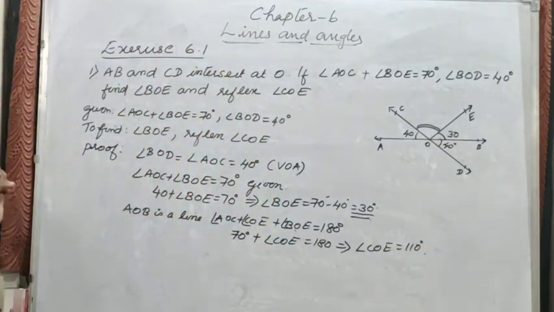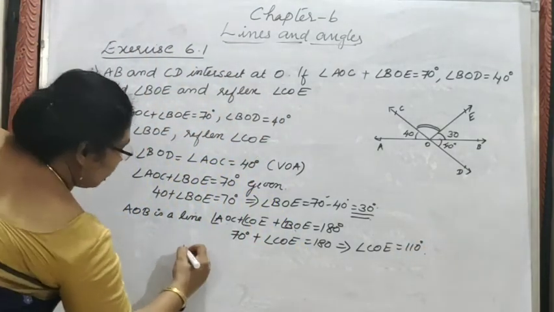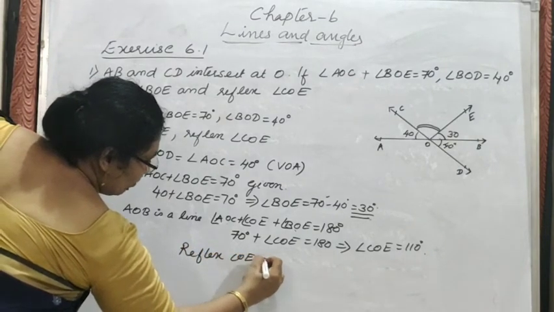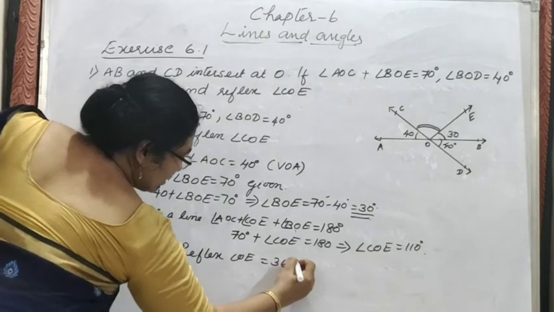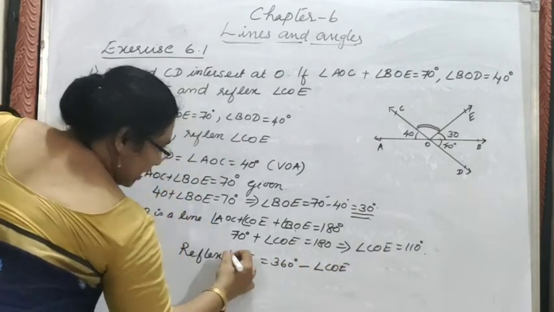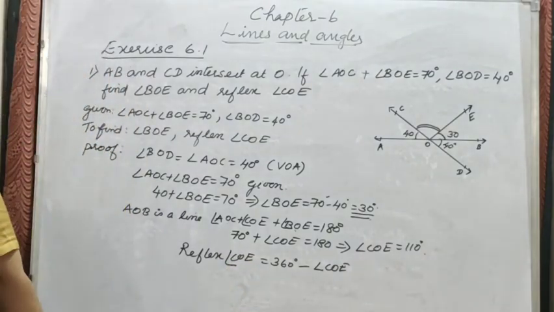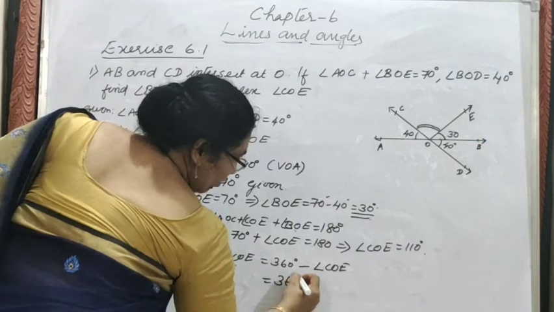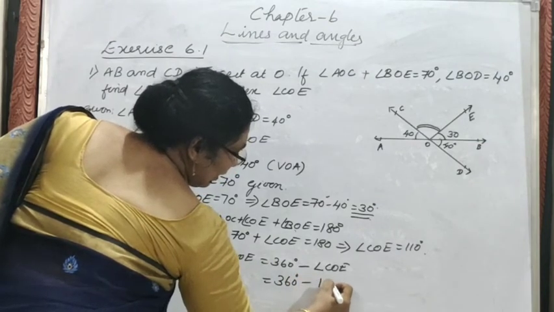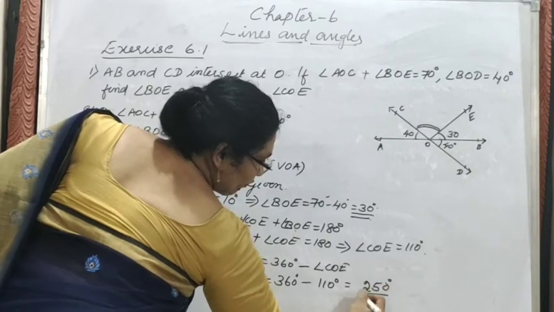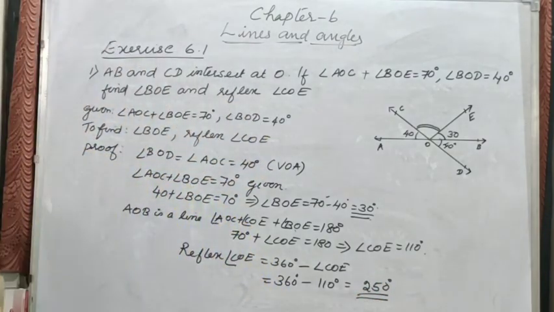Now the reflex COE we should calculate. What is reflex COE? Other than COE means 360 degrees minus angle COE. Reflex angle COE means 360 degrees minus COE. So 360 degrees minus 110 degrees is equal to 250 degrees. So we got reflex COE.